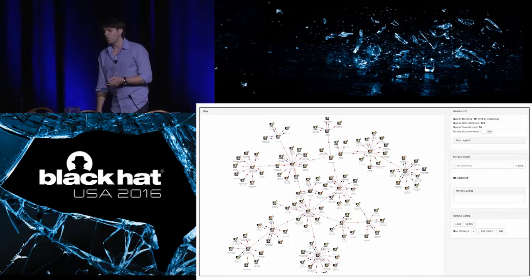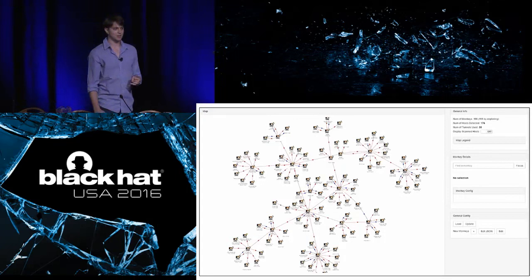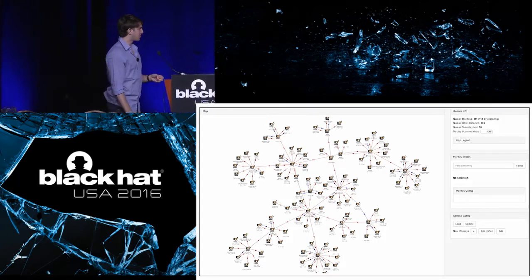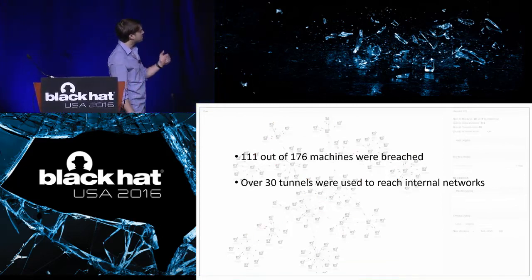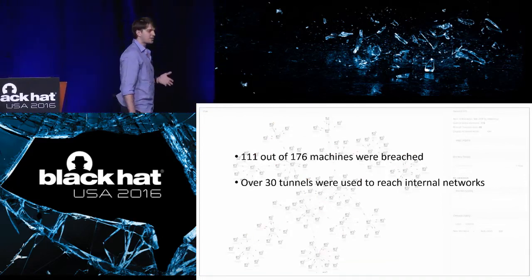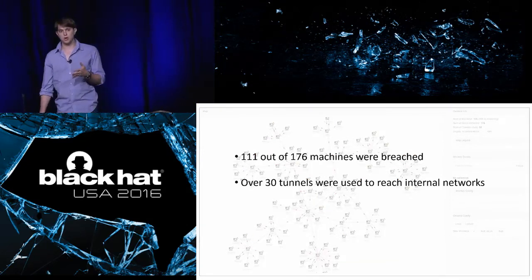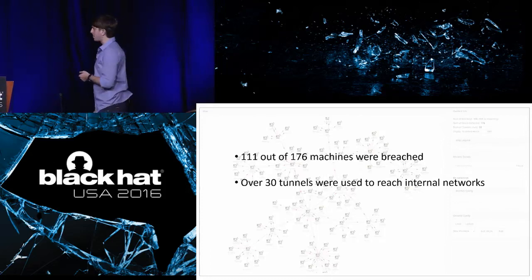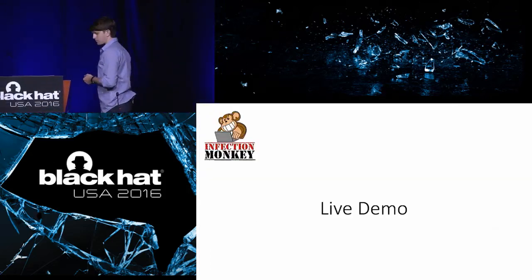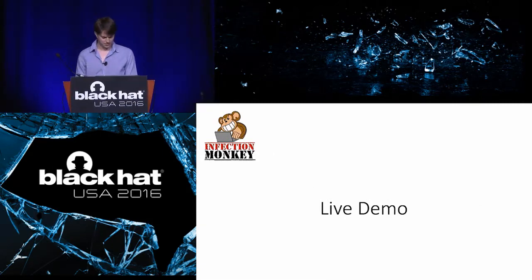So what you see here is password recycling across the network. 111 machines out of 176 machines were breached, and over 30 tunnels were used to allow the monkey to access machines with no routing to or from the island. So let me try and show you how we do it.